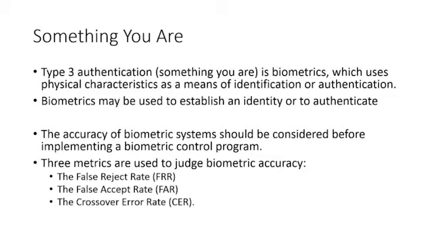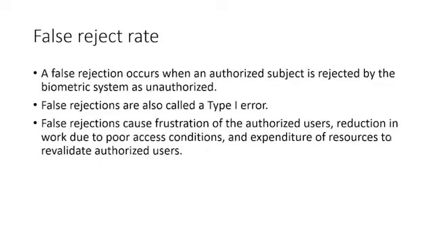I don't know. So there are metrics used to judge this accuracy that I'm talking about: a false rejection rate, a false acceptance rate, and the crossover error rate. So let's take a look at these a little closer. The false rejection rate occurs when an authorized subject, like you, is rejected by the biometric system as unauthorized.